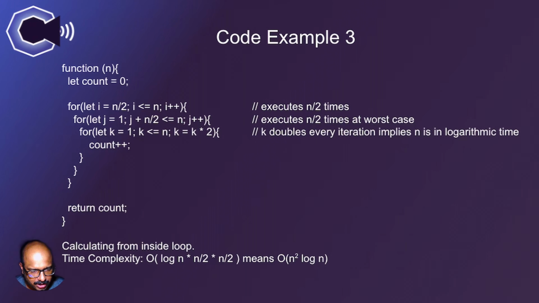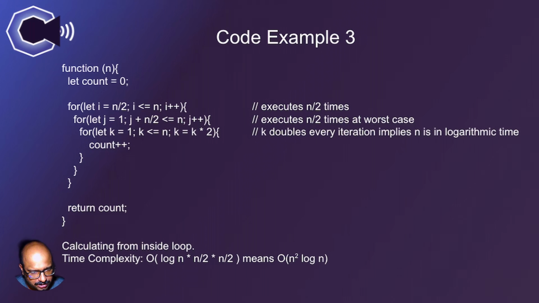As you can see, k doubles every iteration, which means that it is in logarithmic time. And for the second inner loop, whenever j plus n by 2 is greater than n, the for loop exits or terminates, so that for loop executes n by 2 times in the worst case. And the outermost loop executes n by 2 times because it starts with i equal to n by 2 and ends with n.